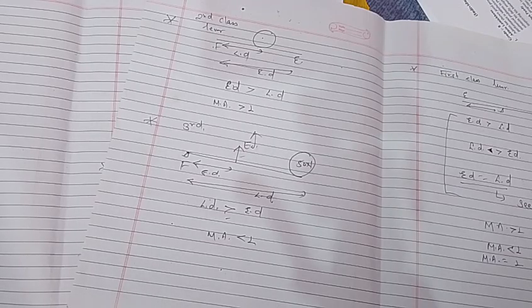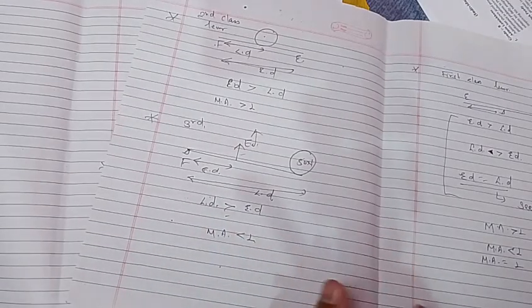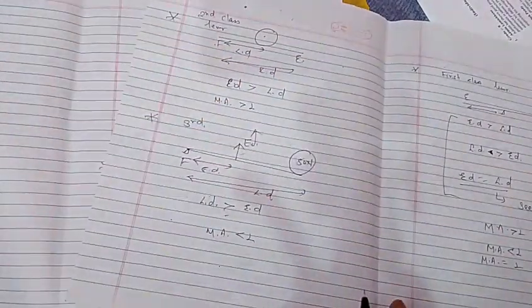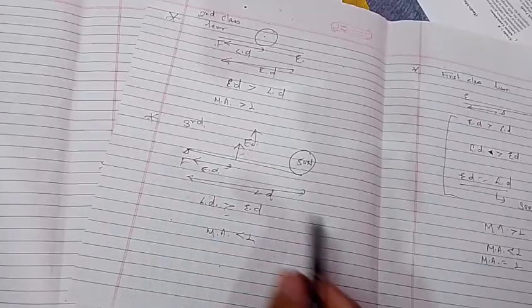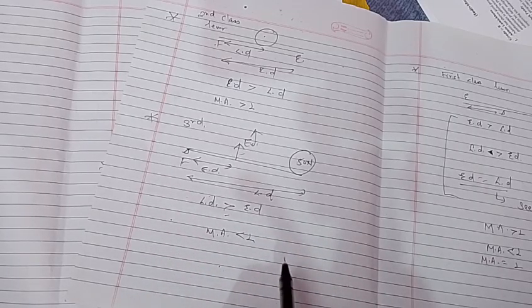In the next video, I will demonstrate all of these practically to you all. Third class lever examples, you can use shovel, spoon. This can act as third class lever. Even cricket bat, fire tongs, tweezers, they act as third class lever.